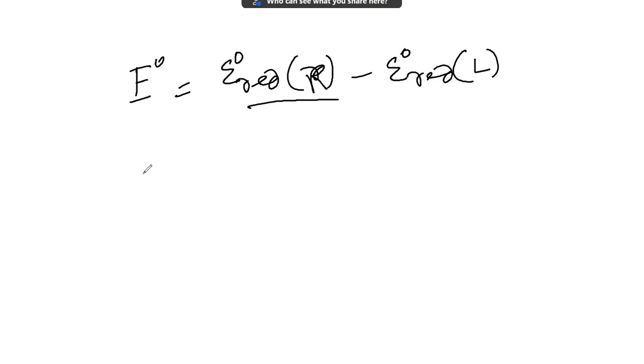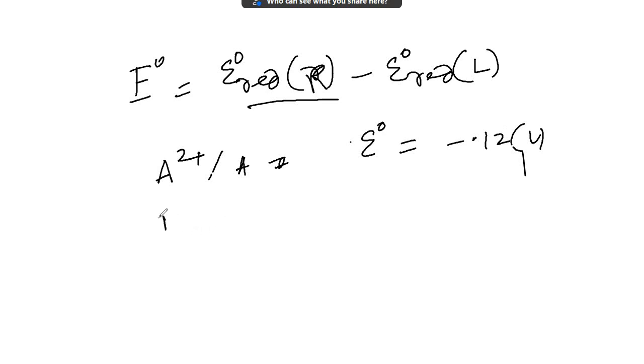Suppose I have given the potentials as follows: A2 plus to A, E naught value is given as minus 0.12 volt, and B2 B plus, E naught is given, let it be E naught 1 and E naught 2, as 0.04 volt.